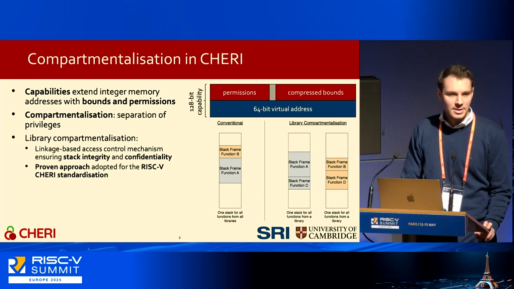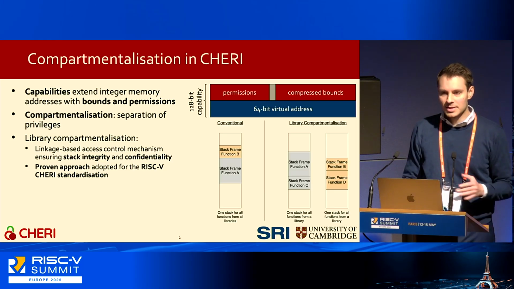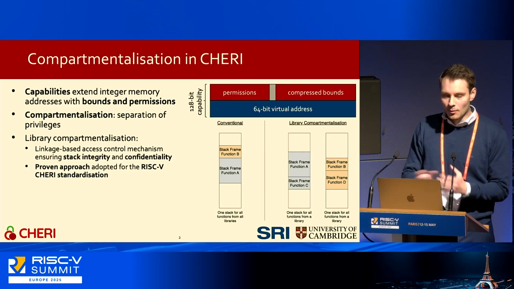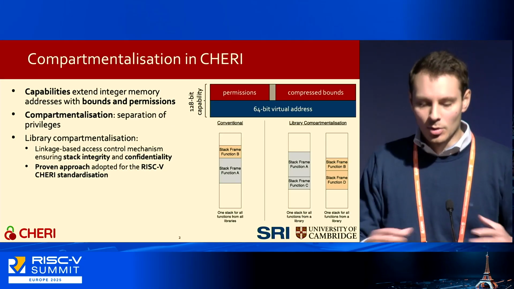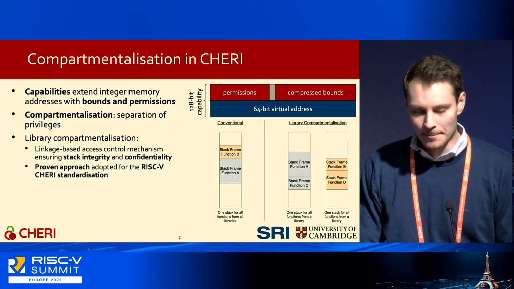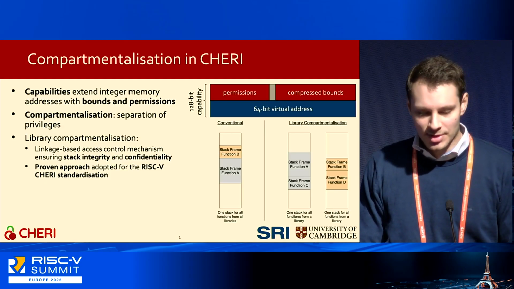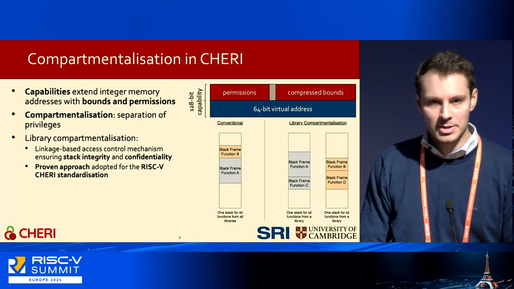So compartmentalisation is the separation of privileges. That means if you have a security breach in one of the compartments, it gets contained there and it will not spread out to the entire system. In this demonstration, we'll look at library-based compartmentalisation.